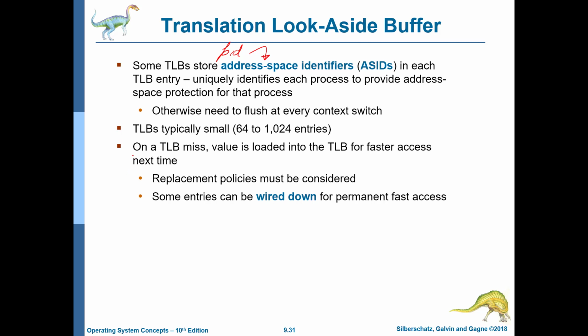TLBs are small and fast, and they work primarily because of temporal and spatial locality. And as we have seen in other cases, replacement policies should be considered: if you have 32 entries and 32 mappings, and a new mapping needs to come, which one do we throw out? There are different heuristics, we'll talk about them.